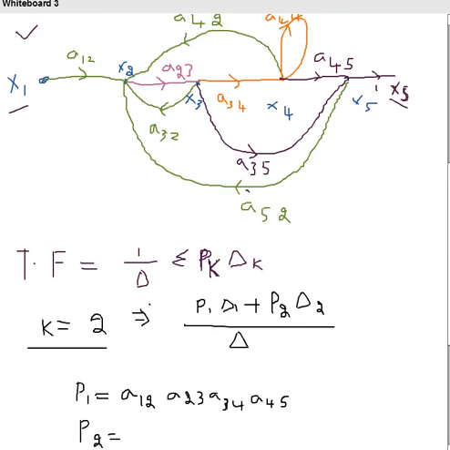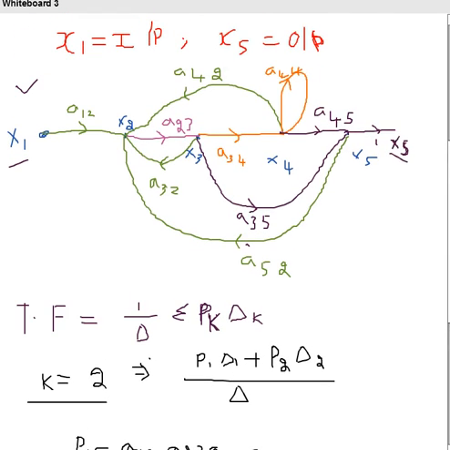So next forward path? No, A44 is a loop. It is a path, A35. Complete path gain, you tell me.